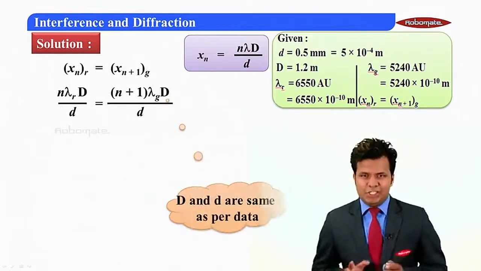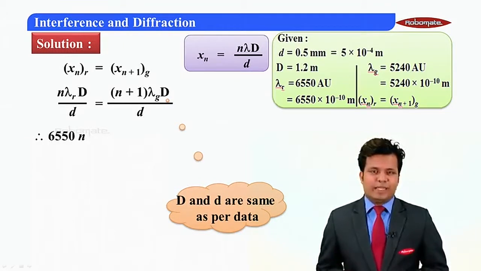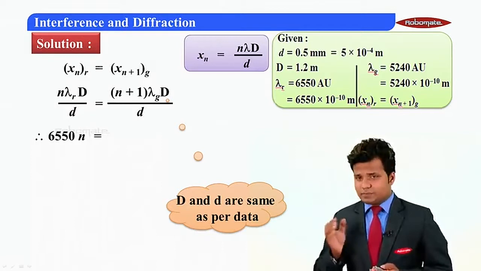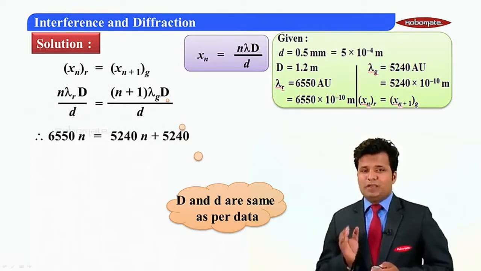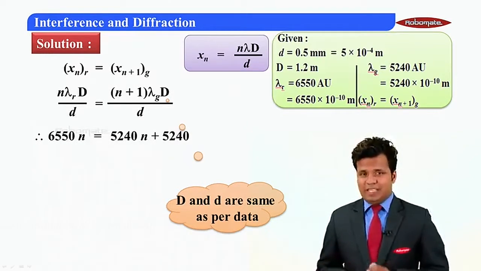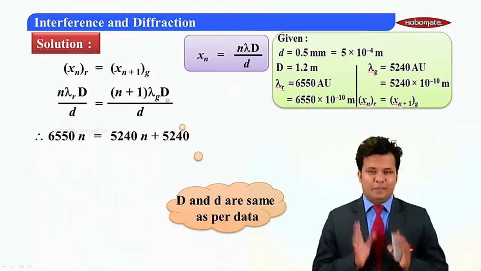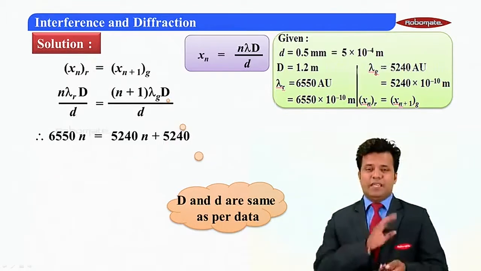It's not changed. So this capital D and small d would be the same, so they would get cancelled. What would be left is 6550n equals 5240n plus 5240. Where these numbers came from is from lambda. We have just substituted the value of lambda and we are getting it in terms of n here.